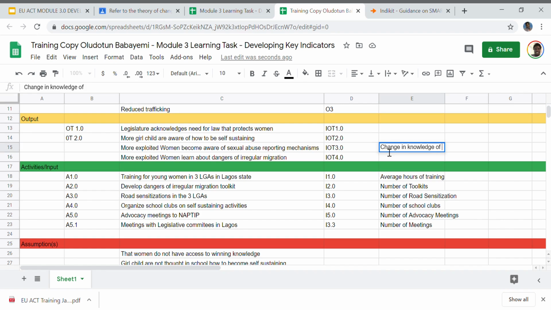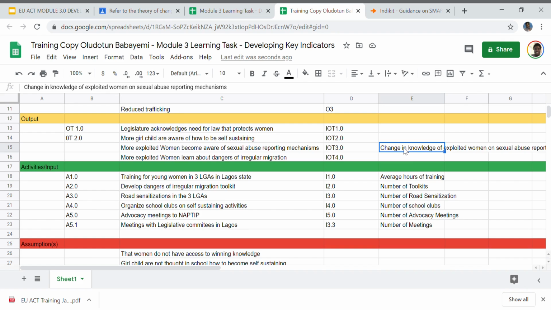Of exploited women on sexual abuse reporting mechanisms. I can recoin this and say the ratio of change in knowledge.